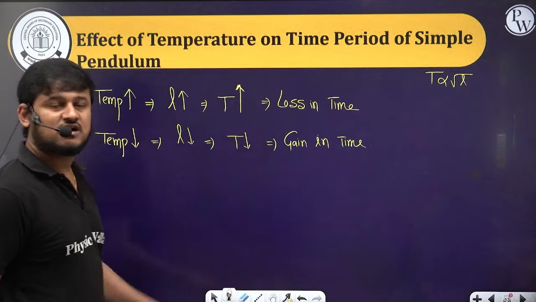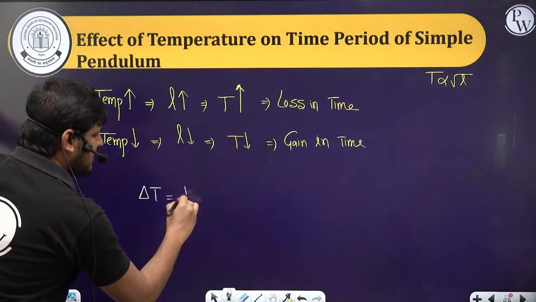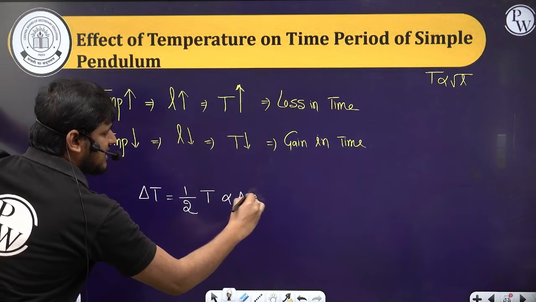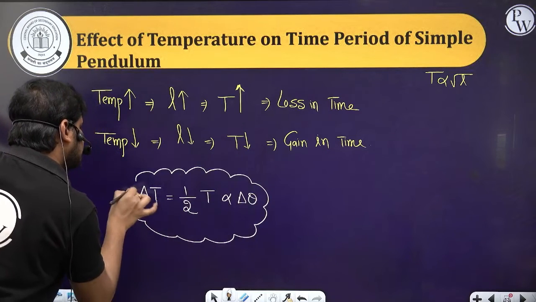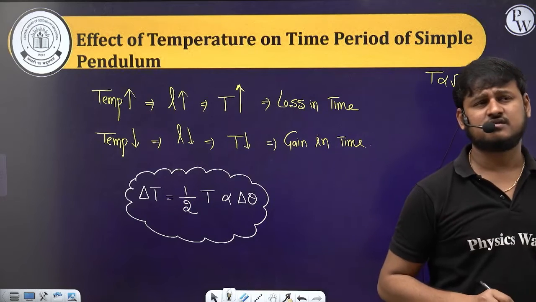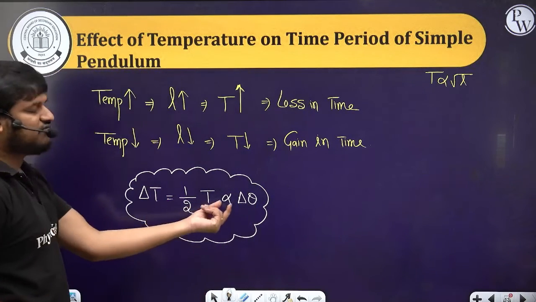The delta T, the change in time period, will be equal to half T alpha delta T. Did you guys remember? We learned it in thermal properties of matter. So half T alpha delta T.